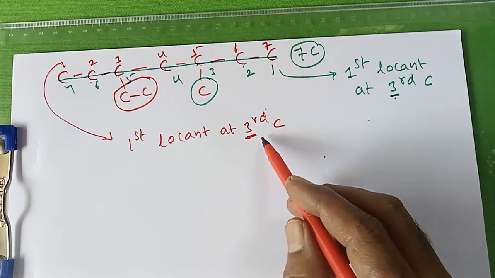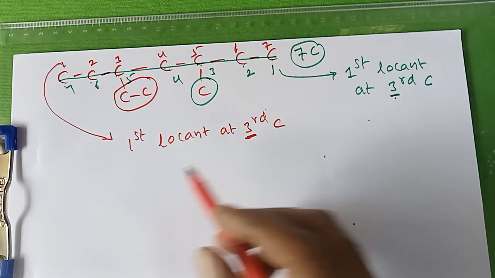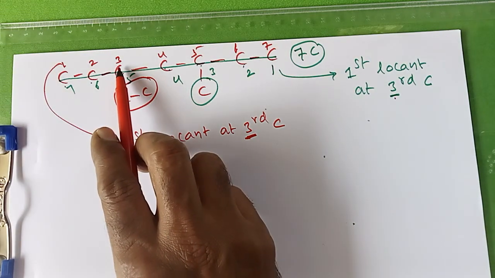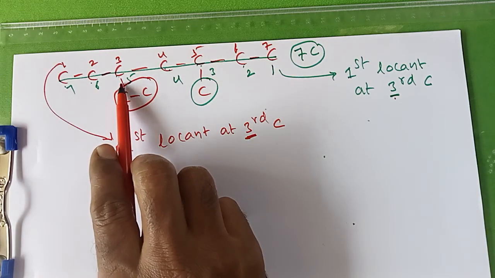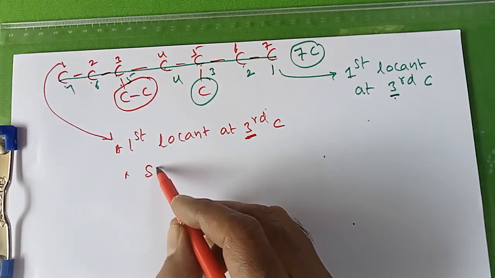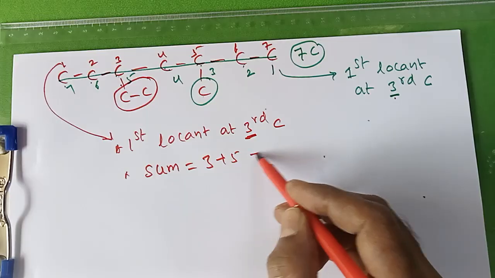Both are the same. Now in this case you check the lowest sum. For this one, what is the sum? Red color numbering: third carbon ethyl. Next, what is that? The 5th carbon. So what is the sum value? 3 plus 5 is equal to 8.